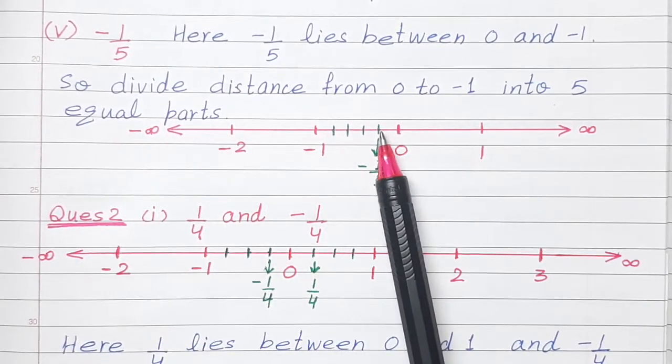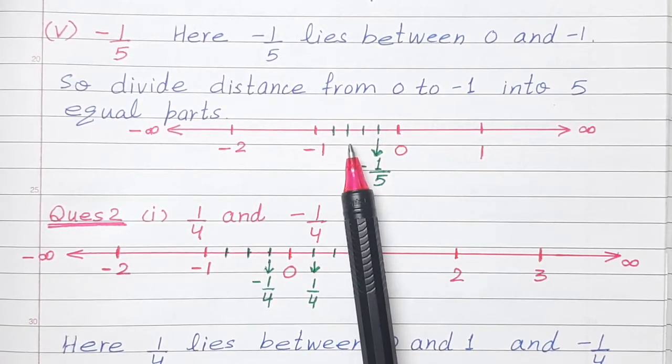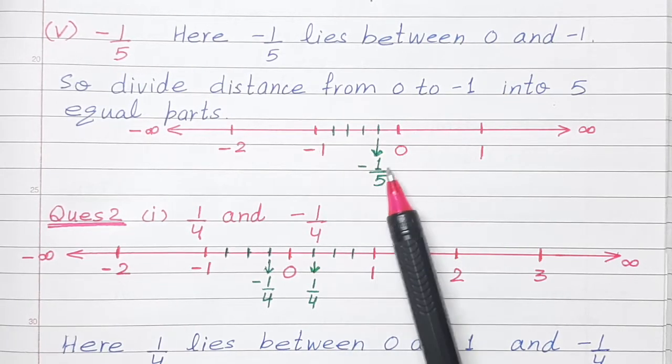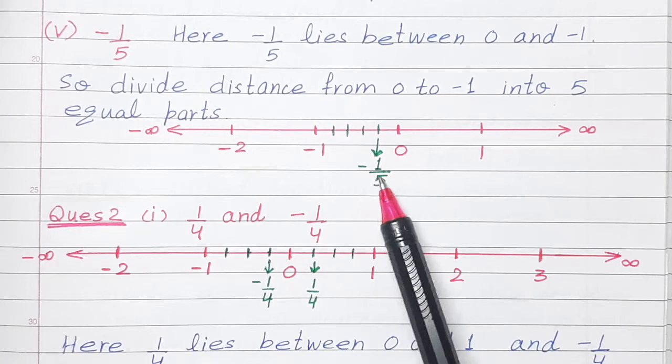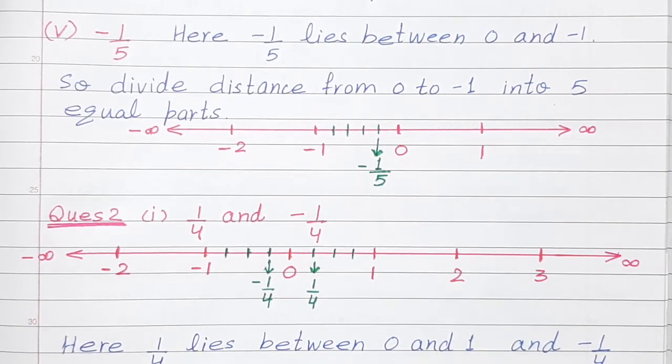So the first point is minus 1 upon 5, then minus 2 upon 5, minus 3 upon 5, minus 4 upon 5, right? Here, as per the requirement, the first point is minus 1 upon 5. So this is how we represent a negative number, or you can say a negative fraction, on a number line.